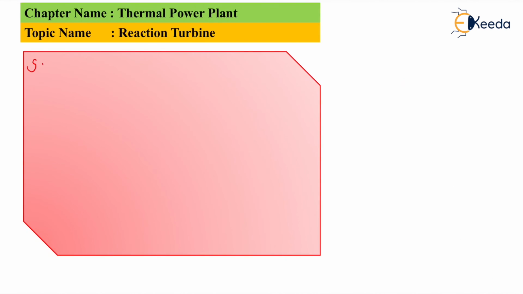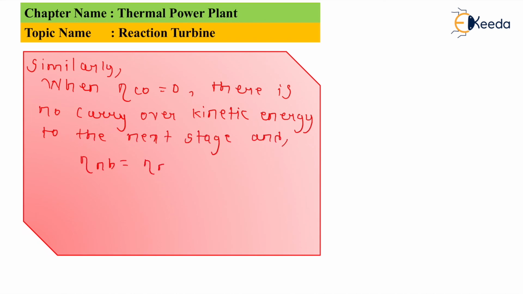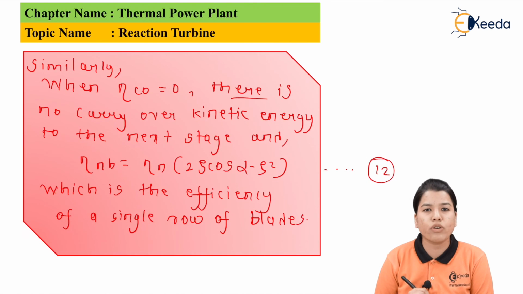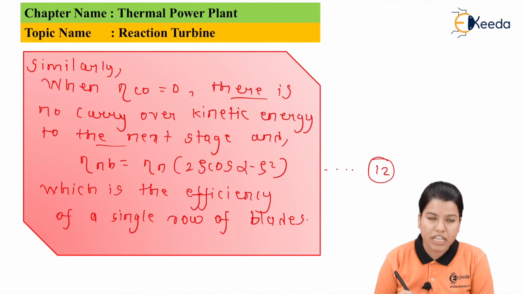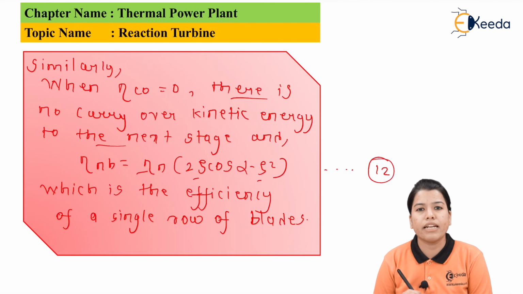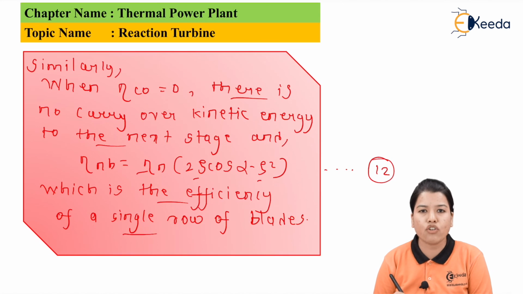Similarly, when the value of carryover efficiency is equal to 0, at that time there is no carryover kinetic energy to the next stage. Therefore, the combined efficiency of the blade and nozzle is equal to efficiency of nozzle multiplied by 2 multiplied by rho cos alpha minus rho square. Let it be equation number 12. Now from this equation we can say that this is the equation for the efficiency of the single row of the blades.